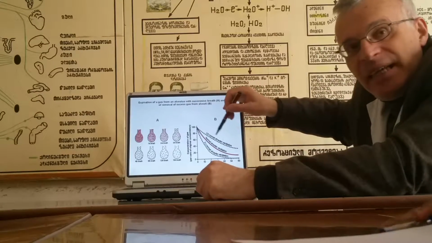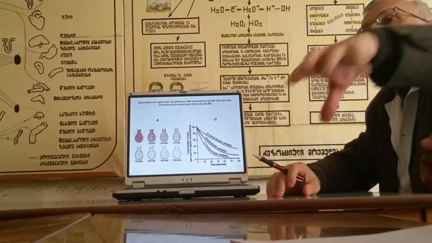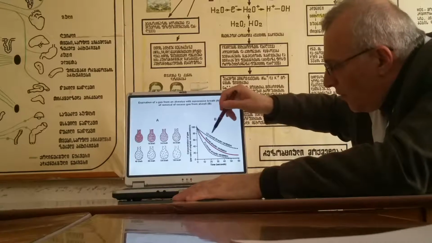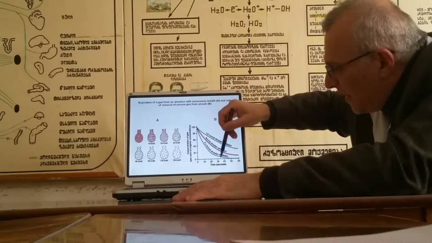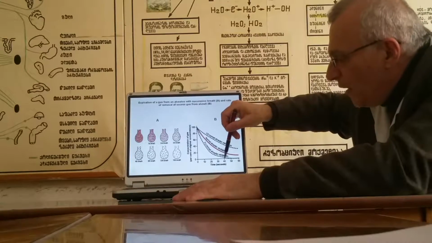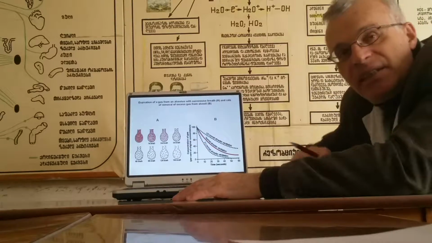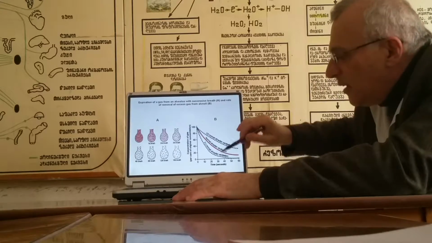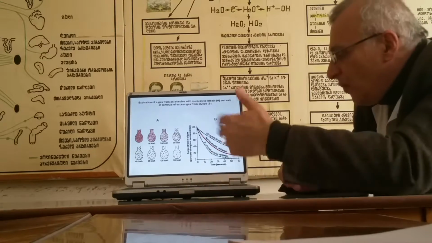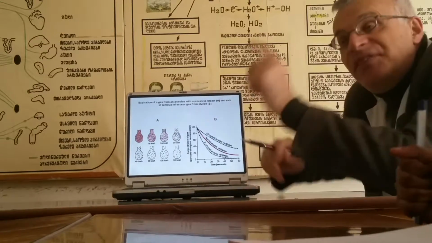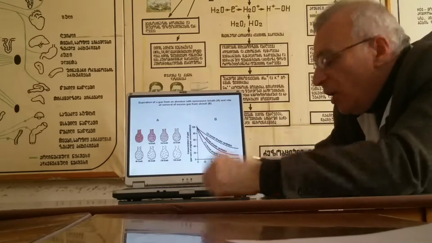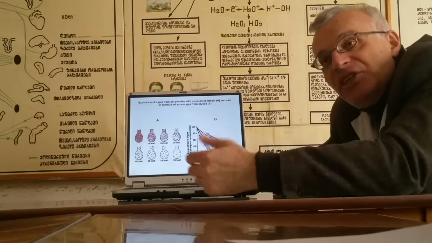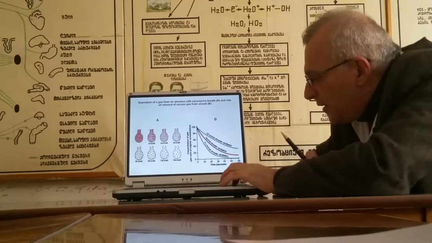But in the resting state, when we are lying, for example, it needs more than 30, about 35 to 38 seconds, to renew 50% of the concentration of this air in the alveoli.